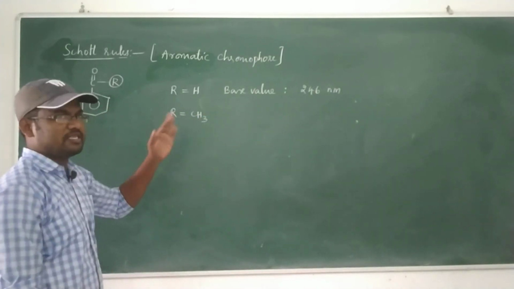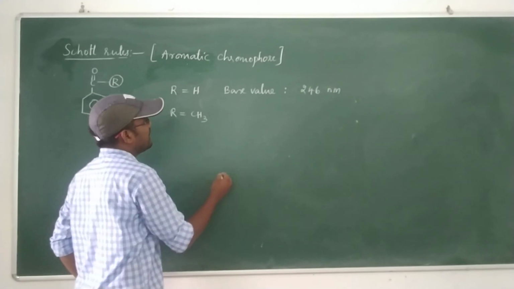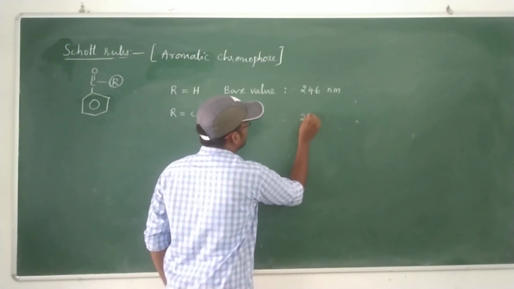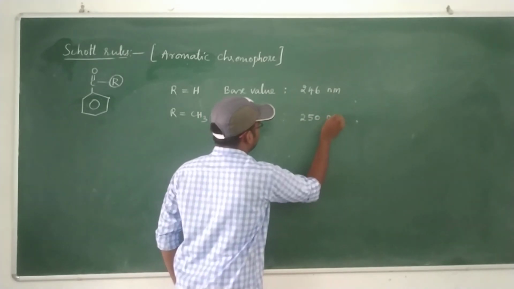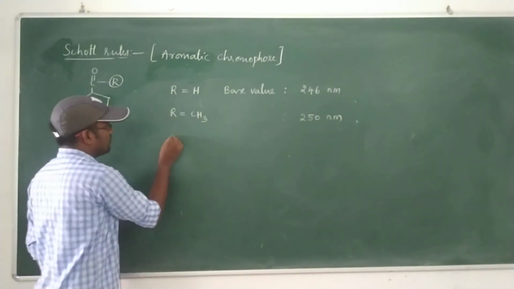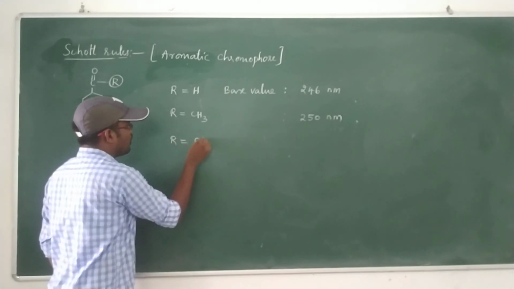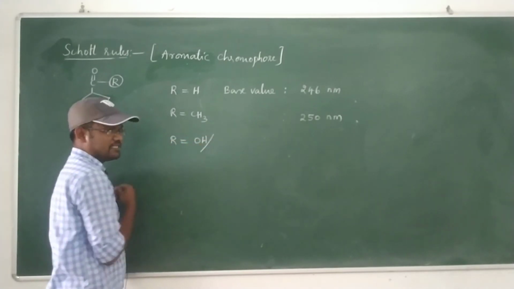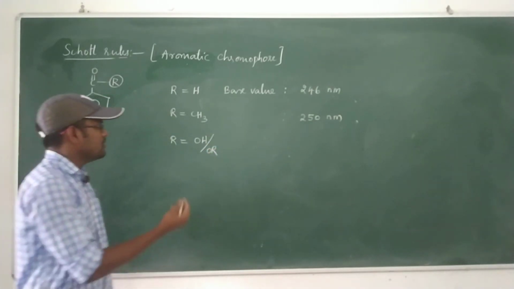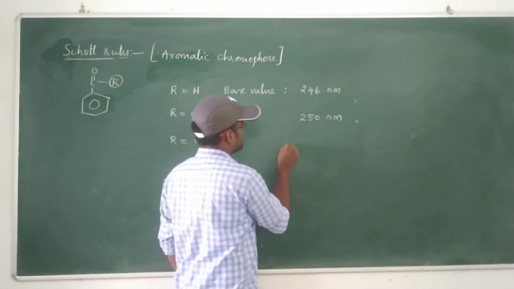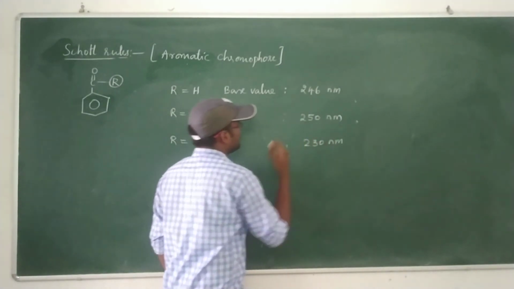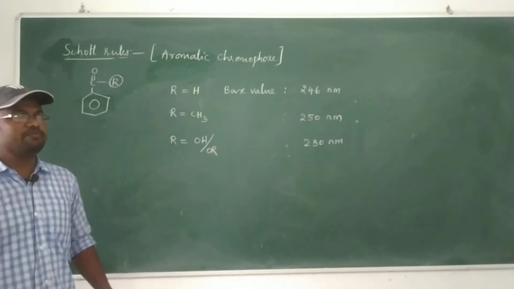If R is equal to CH3, it is a ketone. The ketone has a base value of 250 nanometers. If R is equal to OH, that gives an acid, or OR, that gives an ester. So acid or ester has a base value of 230 nanometers.